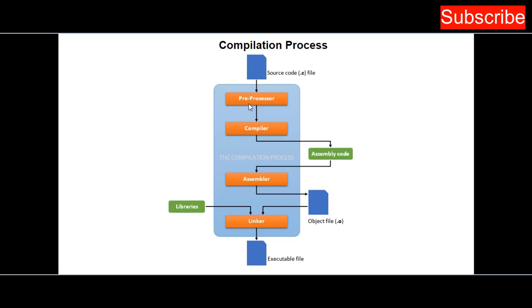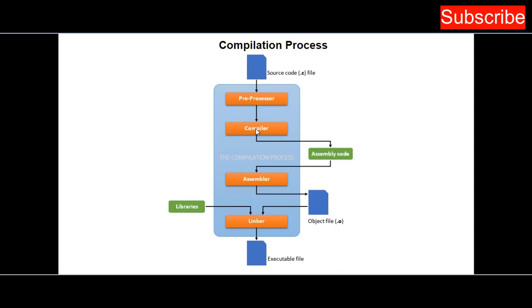So the preprocessor helps to include the headers, to take away comments, and the file extension: you can see our source code is usually in a .c file, but preprocessor output is usually a .i file. That file is then sent to the compiler.